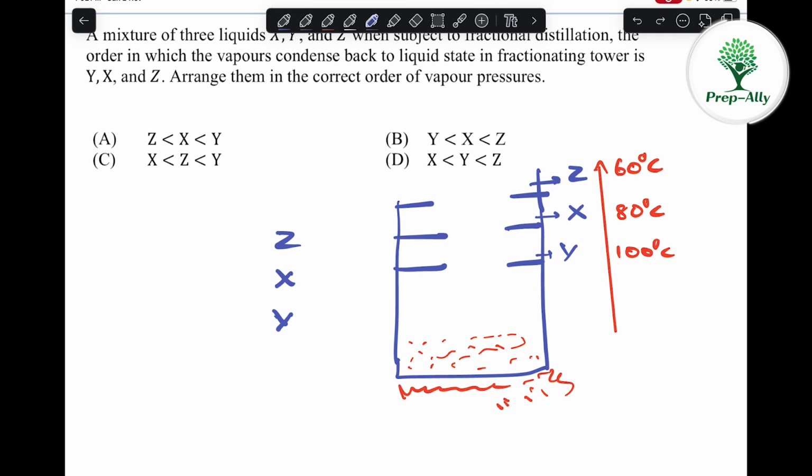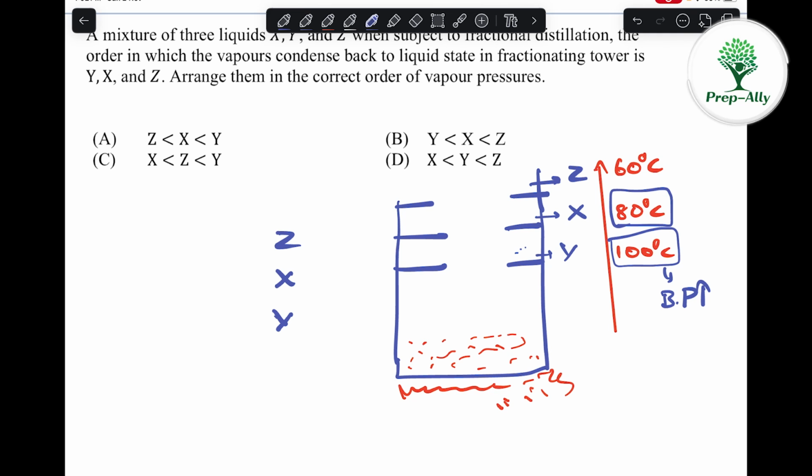So let's say these compounds X, Y and Z are going to condense at the temperatures mentioned here. So Y is getting condensed at 100 degrees Celsius, which is the condensation point, or I can say the boiling point. So Y is going to have the higher boiling point, which means it will boil at 100 degrees Celsius, or it will condense at 100 degrees Celsius. At 80 degrees Celsius, Y will not remain vapor because it boils at 100 degrees Celsius only.